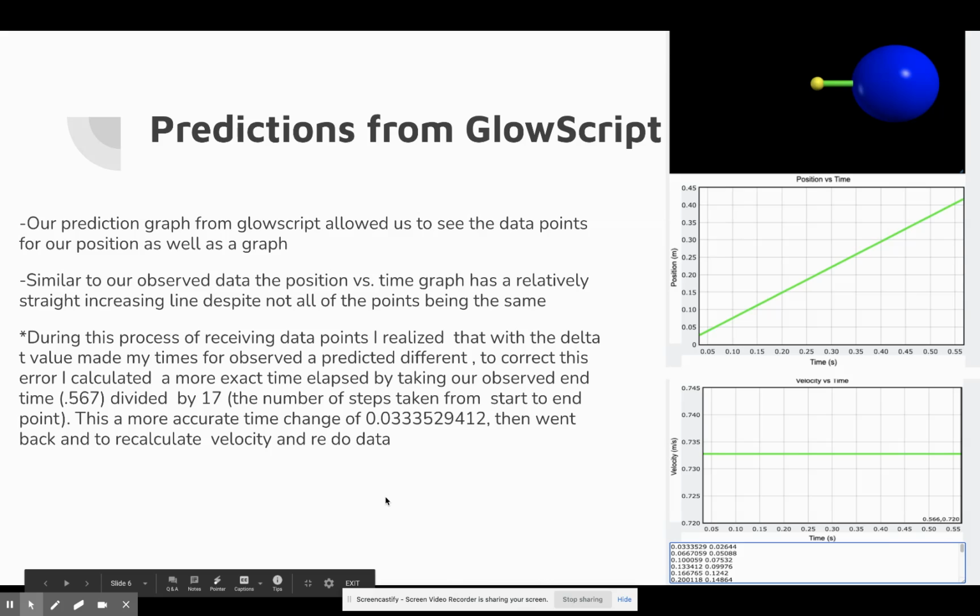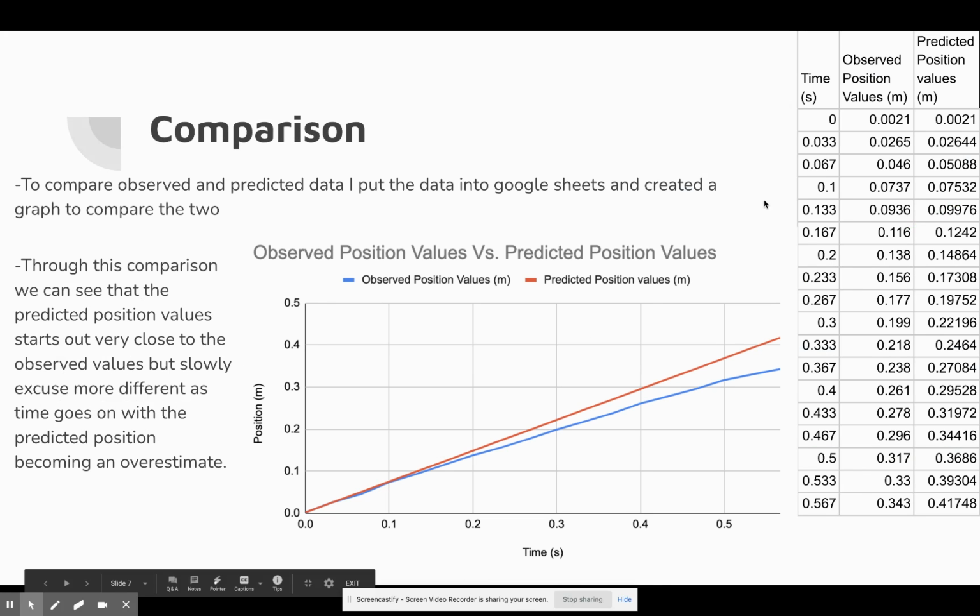And that gave us a much more accurate time, which we then could use to recalculate the velocity to be more accurate for our GlowScript graphs. So for the comparison, after finding our two graphs and two data tables, we combined those to compare the two of them. Now that our times were right, we were able to compare right at each specific time what the graphs were doing. For the observed position, we can see that it goes in that constant velocity and it's relatively straight throughout.